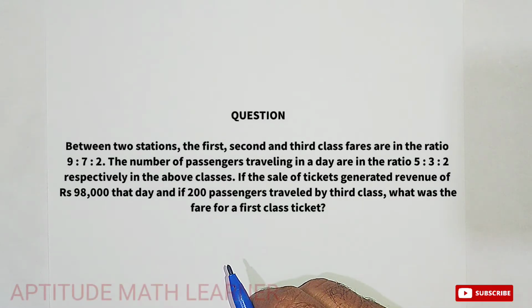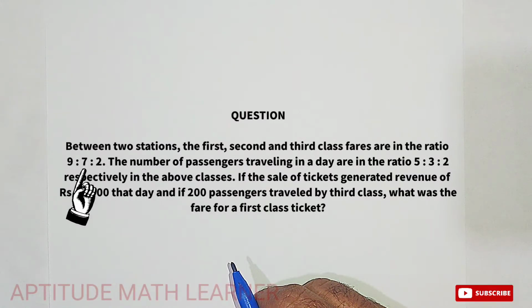Guys, today we have a very interesting question that is very easy, but you need the technique to solve. The question is: between two stations, the first, second and third class fares are in the ratio 9:7:2. The number of passengers traveling in a day are in the ratio 5:3:2 respectively in the above classes.